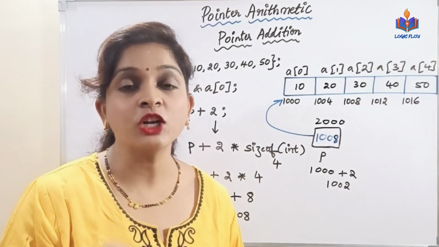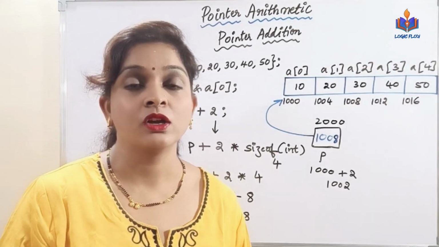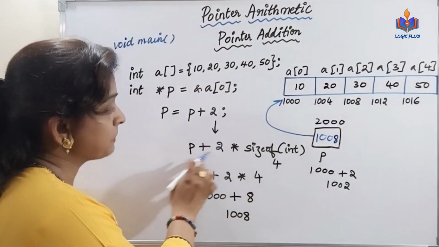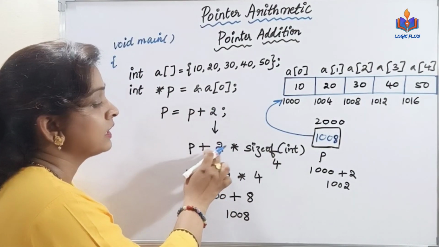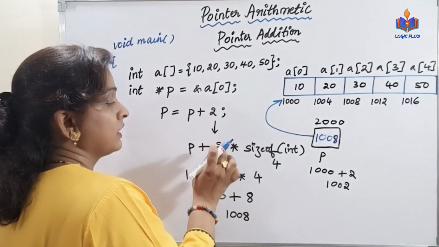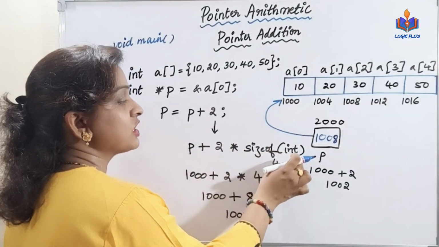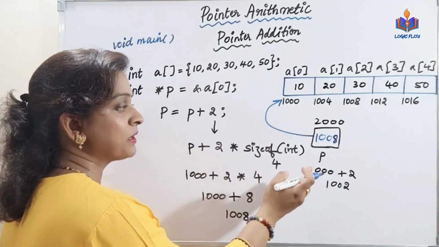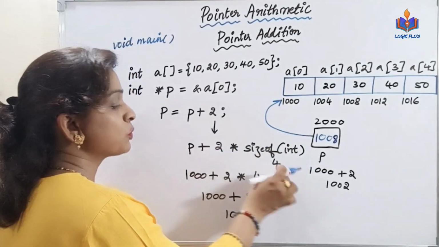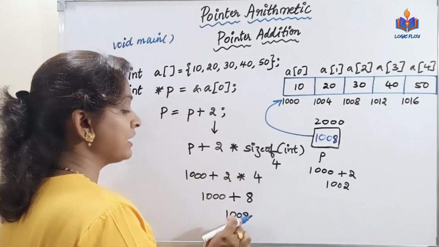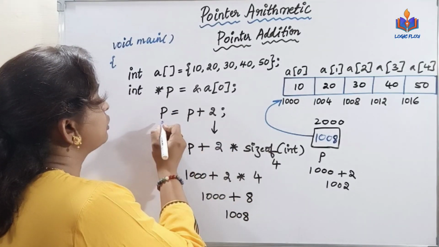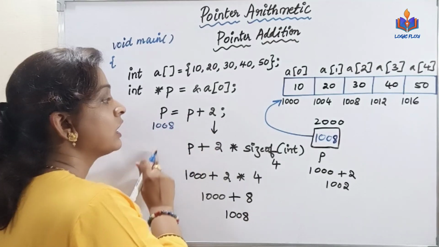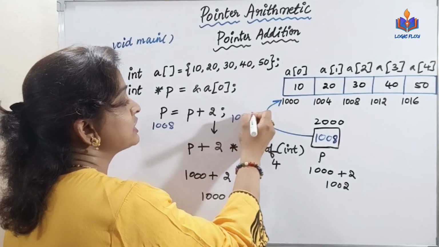It will be added with respect to the size of the data type to which the pointer is pointing to. Now, when I say P plus 2, the 2 here is the size of integer that it is going to take. So what is the size of integer? If it is a 32-bit machine, it takes 4 bytes. So it is 2 into 4, it is 8. 1000 plus 8, it is 1008. Now the new value for P is 1008. P plus 2 means 1008, not 1002.